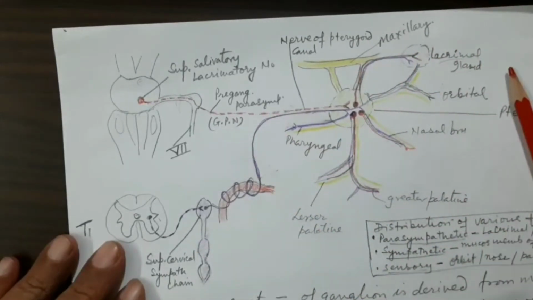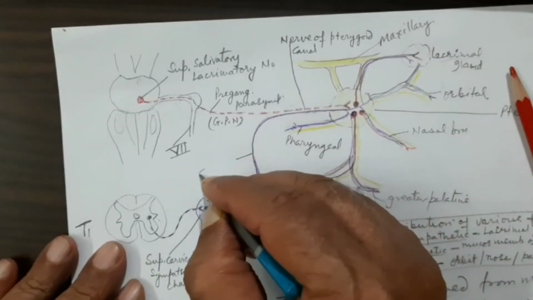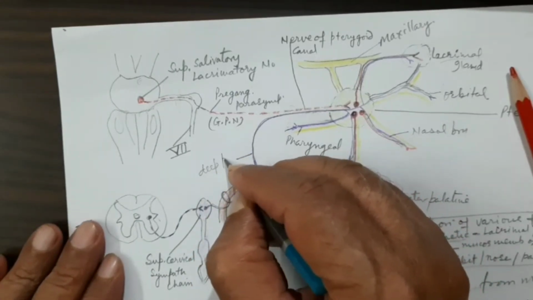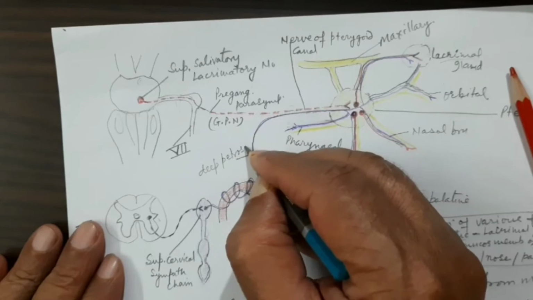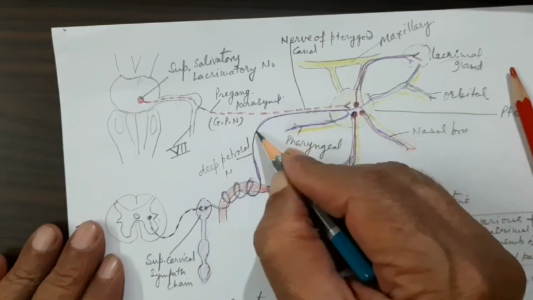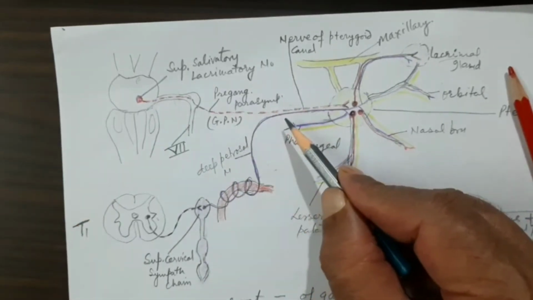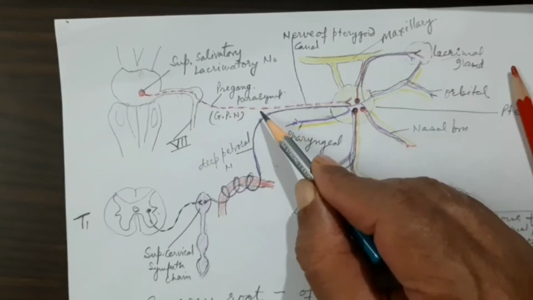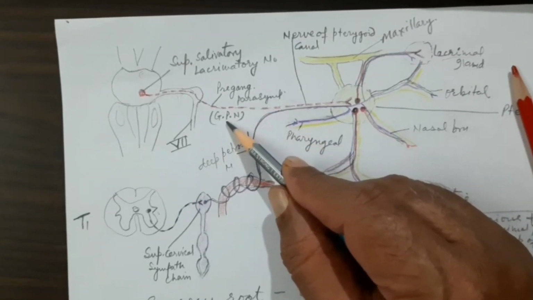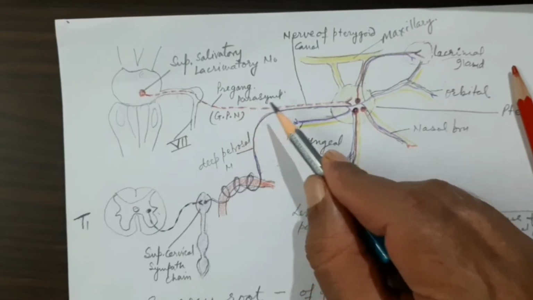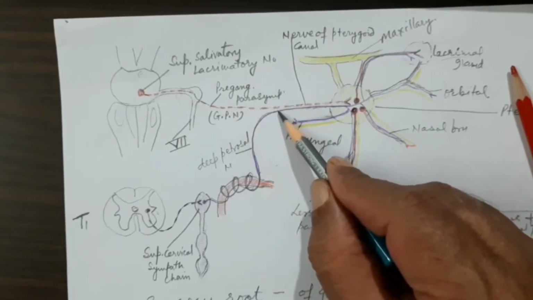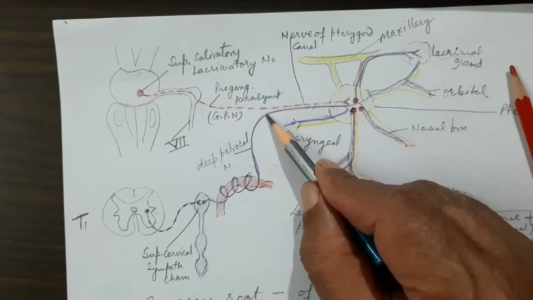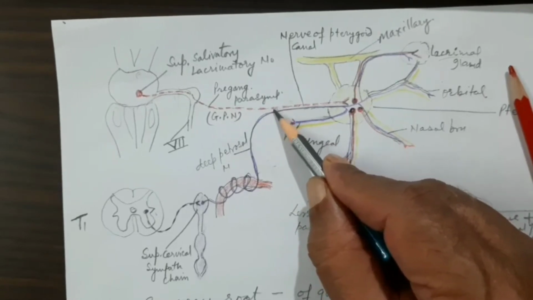So I will write down here, this is the deep petrosal nerve, which is the postganglionic sympathetic fiber. And this deep petrosal nerve will lie together with the greater petrosal nerve, which is the parasympathetic preganglionic fiber, and these are the sympathetic postganglionic fibers.